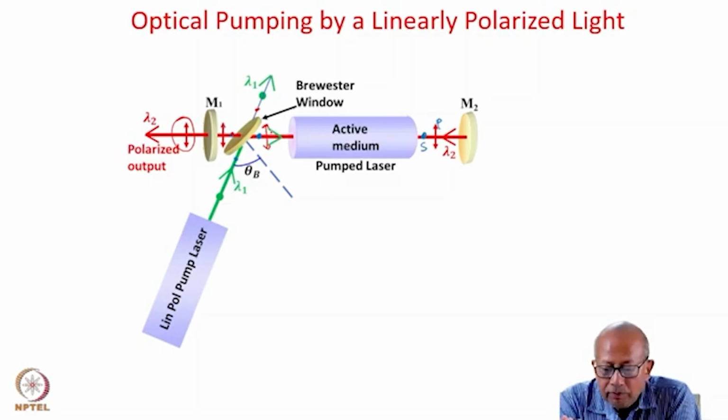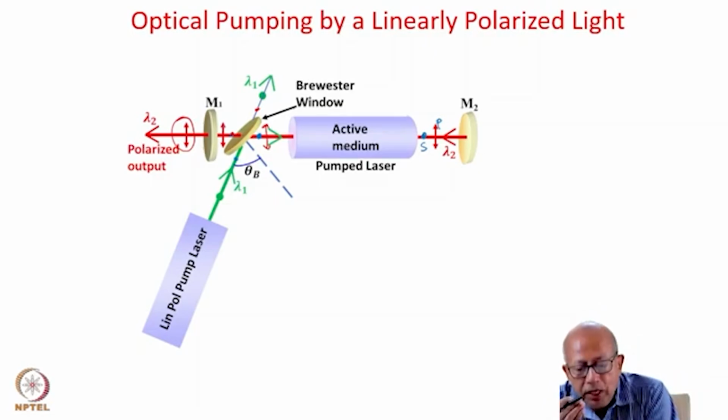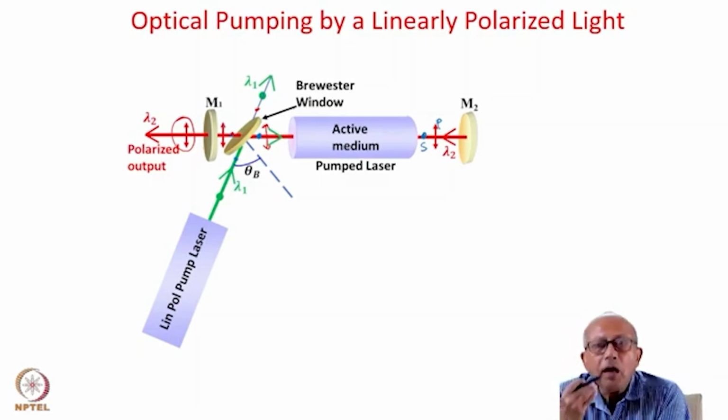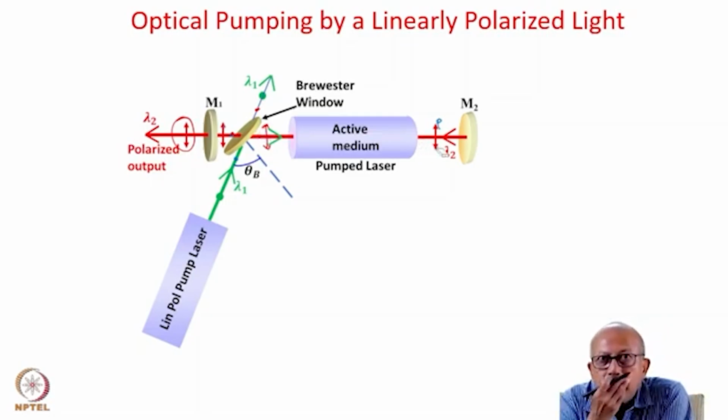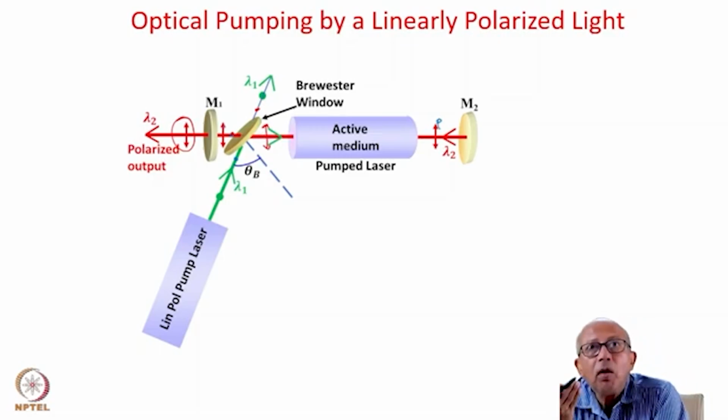And in no time, S polarization will practically disappear because the stimulated emission rate is proportional to the number of photons present and on its polarization. Therefore, the cavity will eventually lase on P polarized light and S polarized light will simply disappear. Such is the power of stimulated emission.